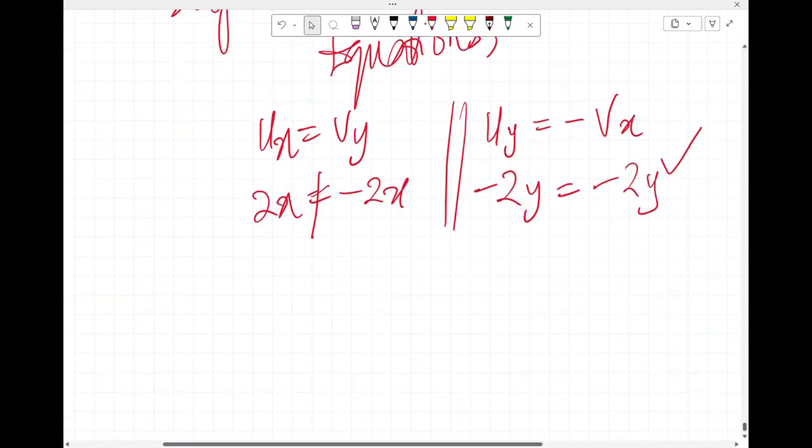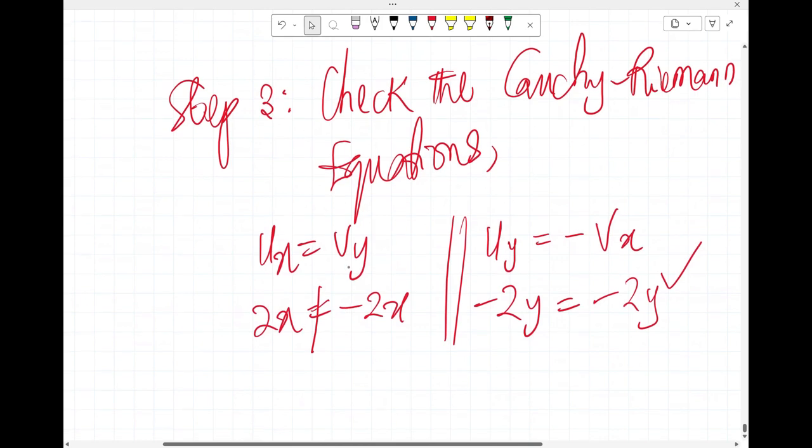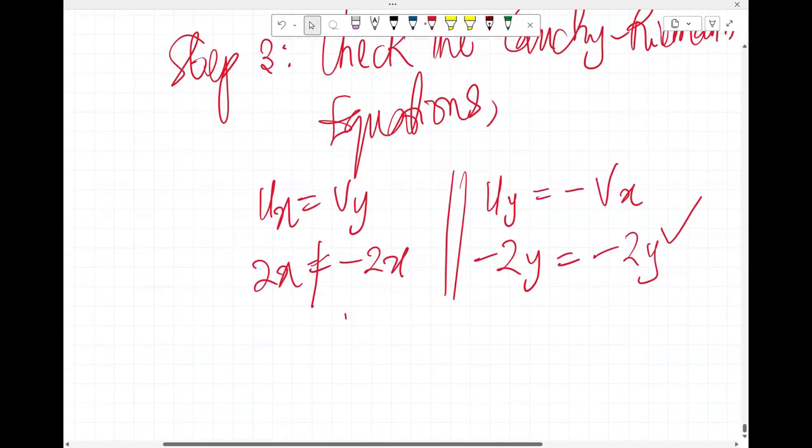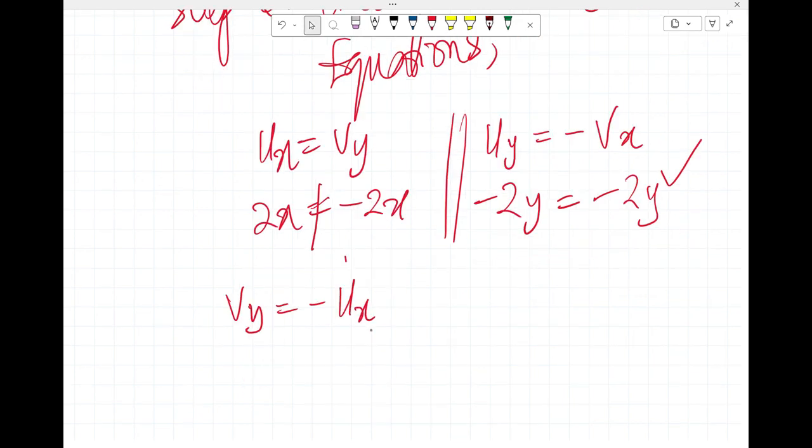So we have v sub y equals u sub x and u sub y equals minus v sub x. The only condition for this to hold is if we have v sub y equals minus u sub x.